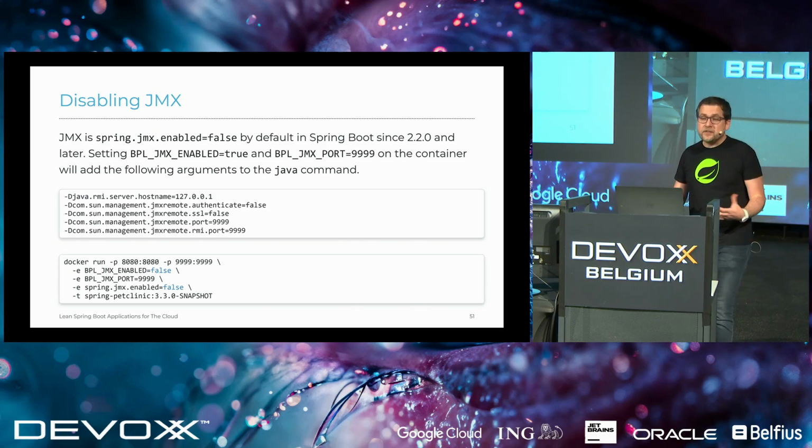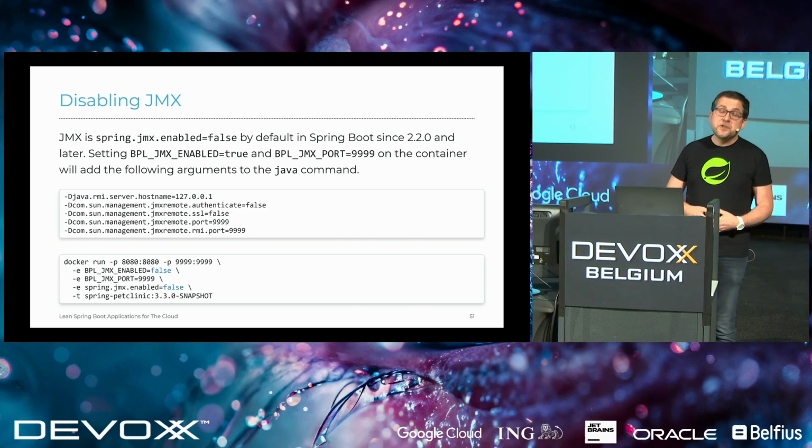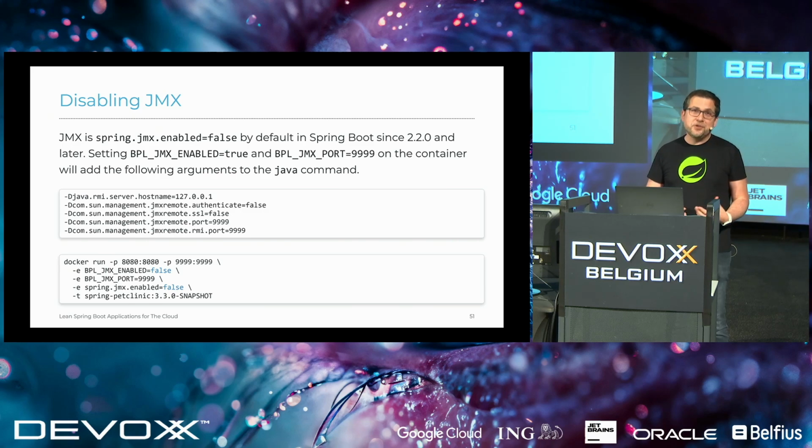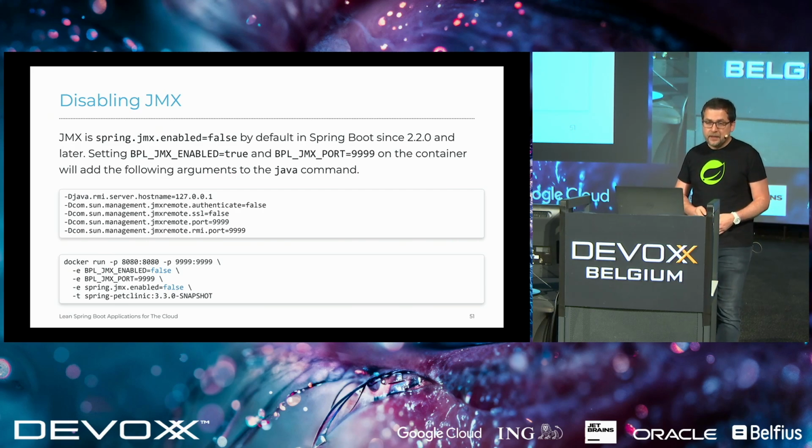Thank God, since Spring Boot 2.2 JMX is not enabled by default. You can enable it, but you don't need to, or you shouldn't. The same is true for the buildpacks, so it's disabled there. But there are possibilities to do that if needed, right? And in the cloud, we can anyway not use JMX. We would use REST endpoints, like with the actuators, for example.